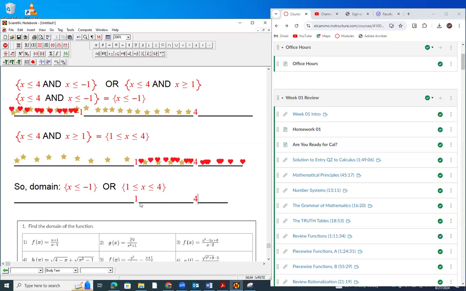All of these numbers, I'm going to put it as red, are domain: between 1 and 4, including 1 and 4, and less than or equal to -1. So -1 here, and all of these numbers. That's it.